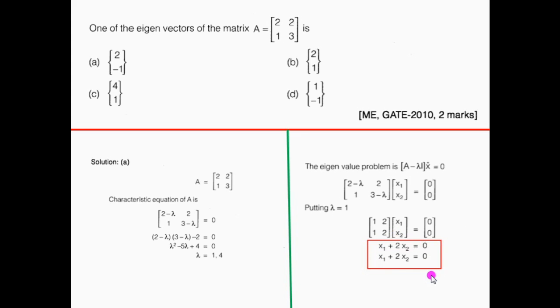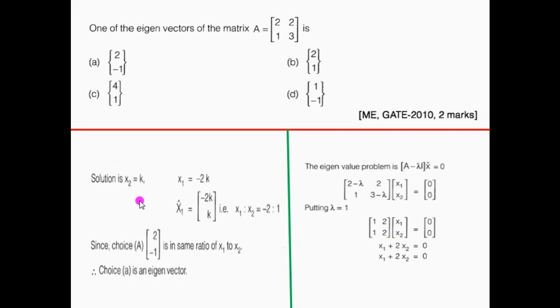In this case, assume any one value, x2 is equal to k. Here by assuming x2 equal to k, we can get x1 equal to minus 2k, and this is your eigenvector. K is the common factor, cancelling it we can get 2, minus 1 as the eigenvector.